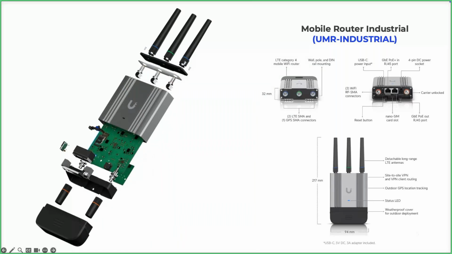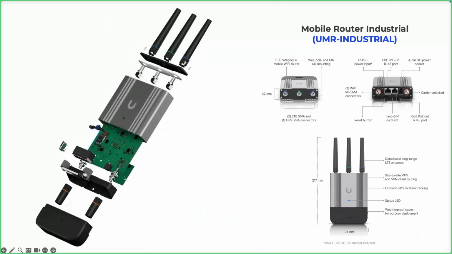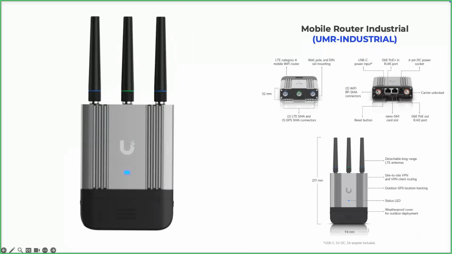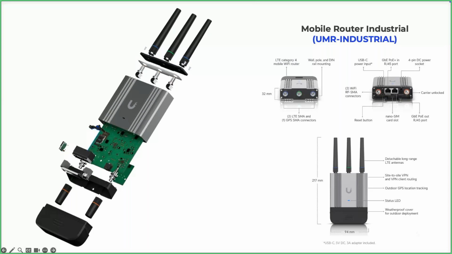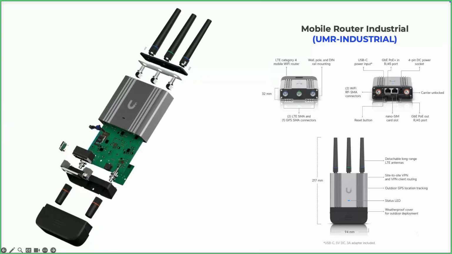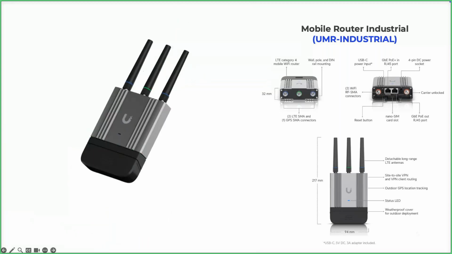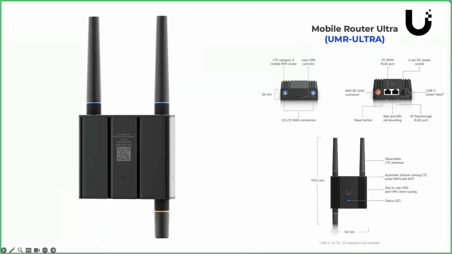So real world speed would obviously be different to what is advertised, but that's pretty much par for the course. As a failover solution, that's more than enough for most sites, and also for IoT applications. So stuff where you're looking to connect a camera or a sensor, 30 to 40 megabits per second is perfectly fine.